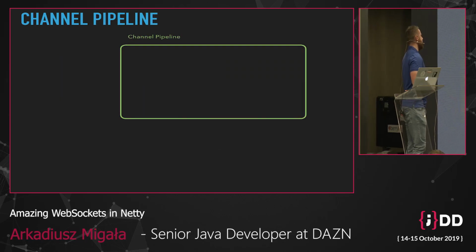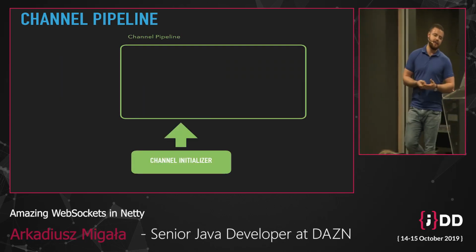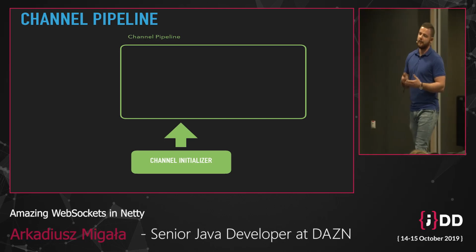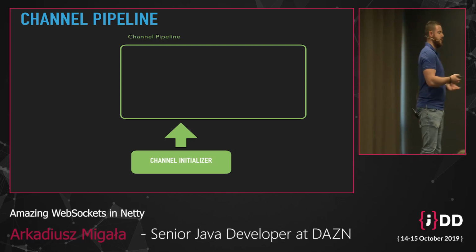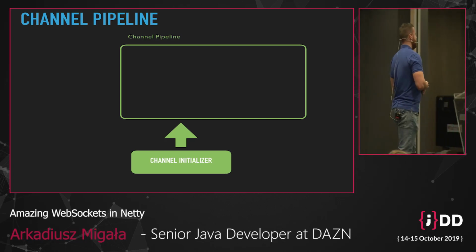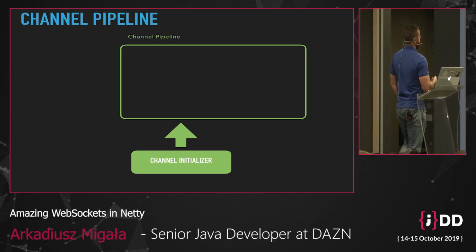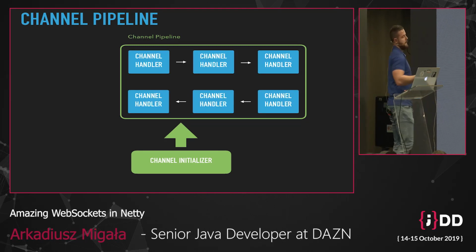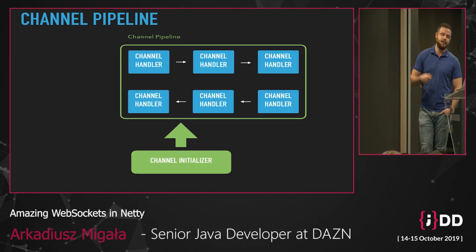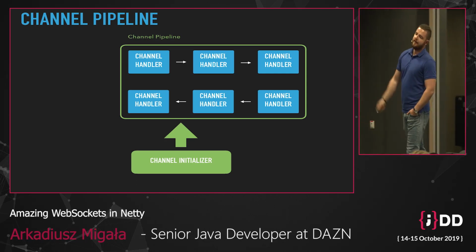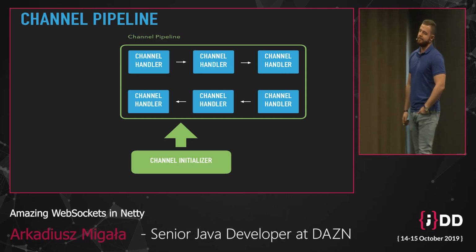So what's the channel pipeline once again? The channel pipeline will be initialized by the channel initializer. If you want to see the base pipeline for each channel, you need to check the initializer. In this channel pipeline, we will have channel handlers. An event will be passed through these channel handlers to be handled by one of them or multiple of them.